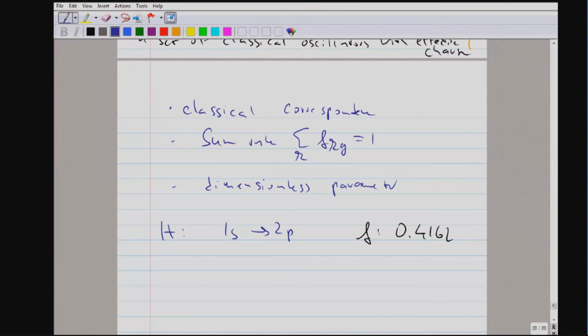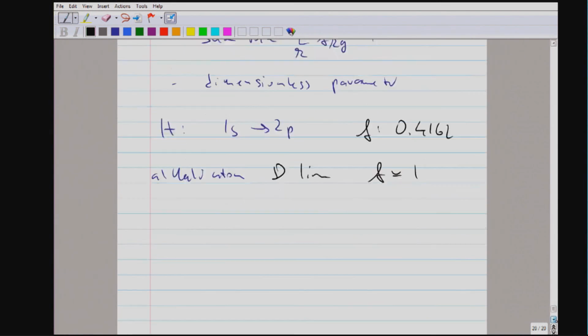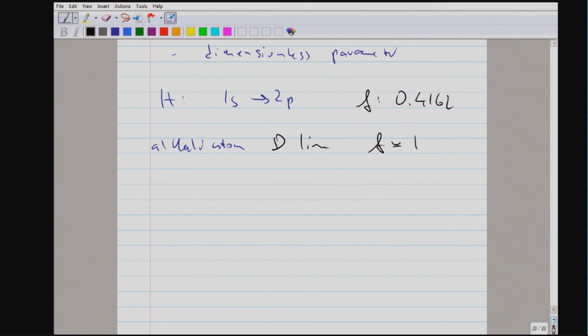However, for alkali atoms, the D line, the S to P transition, has an oscillator strength, I didn't write down the second digit, but it's with excellent approximation 1.98 or something. So not just qualitatively, almost quantitatively, you capture the response from the atom by saying F equals 1.